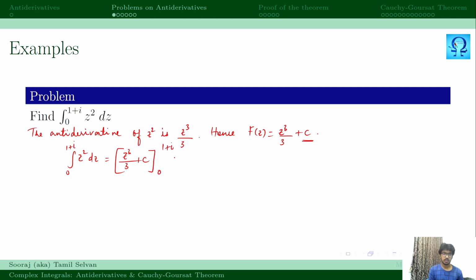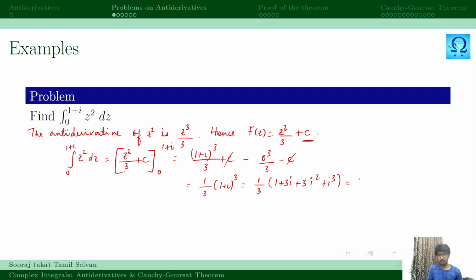The limits are 0 to 1 plus iota. So when I substitute these, 1 plus iota whole cube upon 3 plus c minus 0 cube upon 3 minus c. So the constant gets cancelled and I am left with only this quantity. When I take it inside, this is 1 upon 3 times 1 plus iota whole cube, which is 1 upon 3 times 1 plus 3 iota plus 3 iota squared plus iota cube.